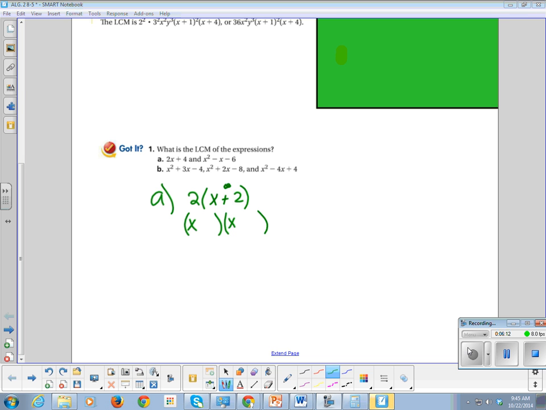One of them is probably going to be plus 2. So that would be -3 and plus 2. So then I would want to find the multiples without repeating. So I've got a 2, I've got an x plus 2, and I've got an x minus 3. That's my least common multiple.